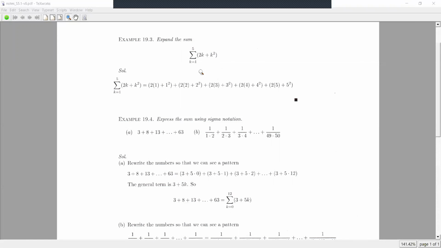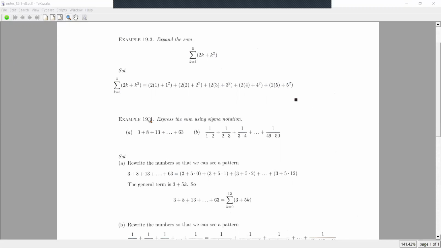So this sum has 5 terms. When k is 1, plug in 1 for k, then we get the first term. When k is 2, plug in 2, then we get the second term. k is 3, the third term. k is 4, the fourth term. k is 5, the fifth term. So this sigma notation is this sum.